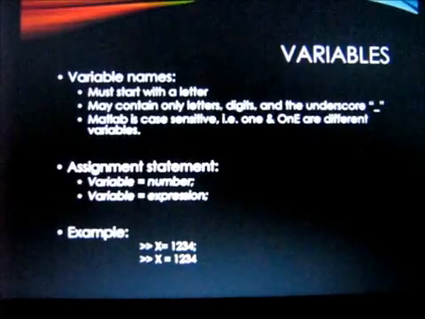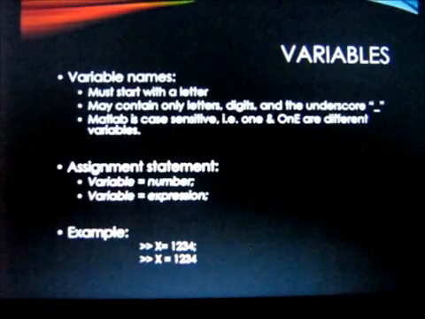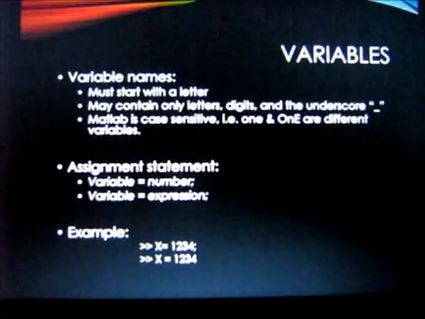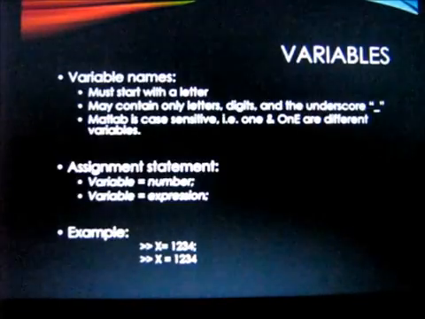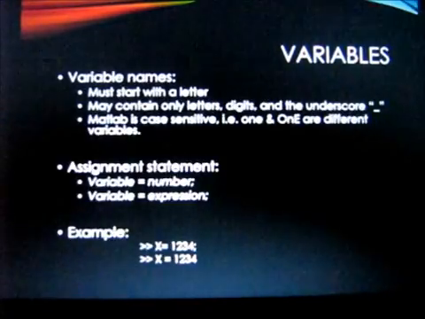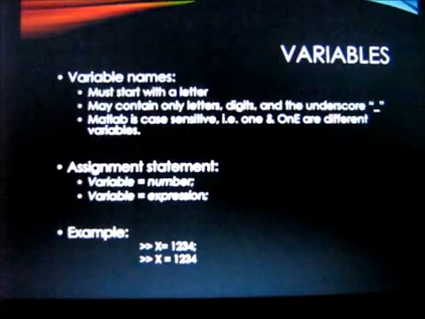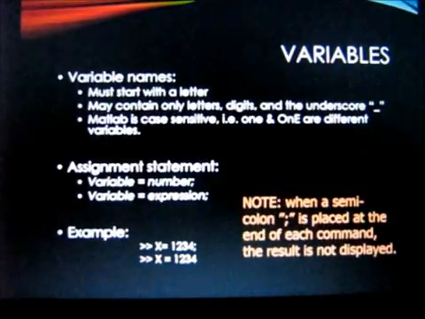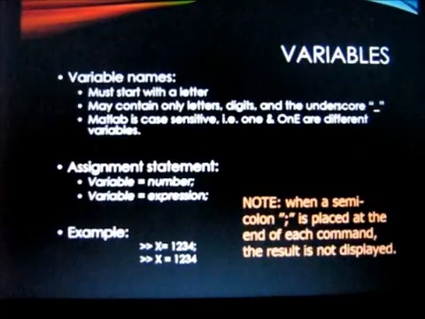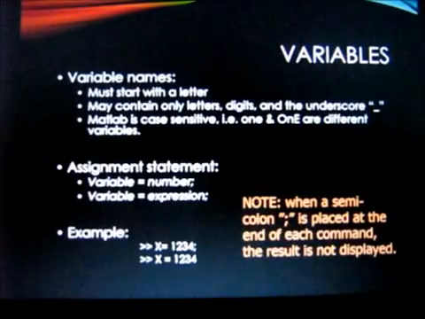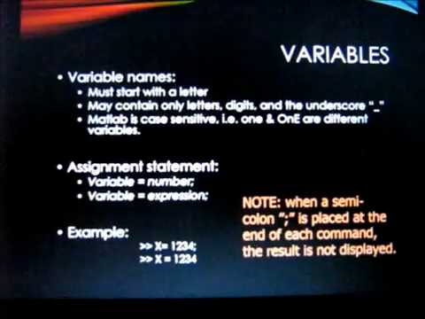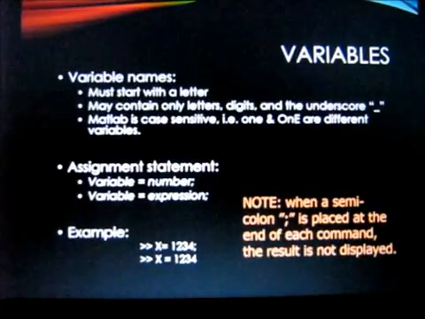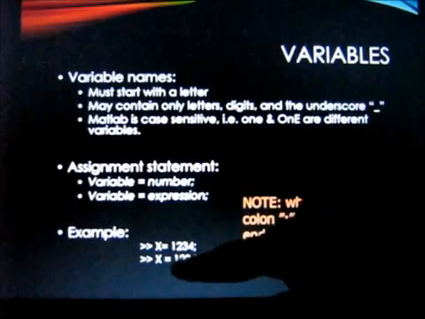We can write x = 1234. It takes the value as 1234. The right side of the part is assigned to the left side variable. These are very general concepts you have learned in C or C++ also. But always remember, whenever you place a semicolon, the result is not displayed. I will show you in a demo.